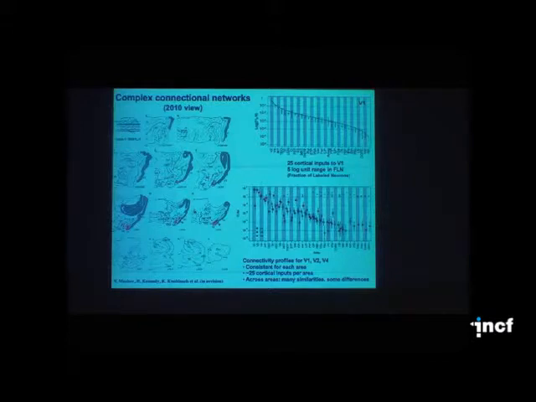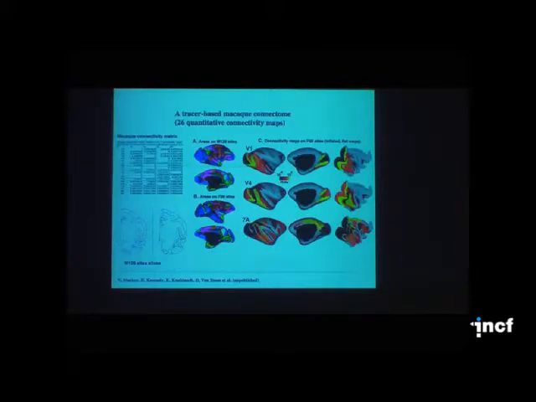So each area has a signature or a profile of the type that you see here, and that's the anatomical reality that we're learning from macaque monkeys that we need to carry forward as we contemplate, as I'll get to in a little bit, the human connectome.